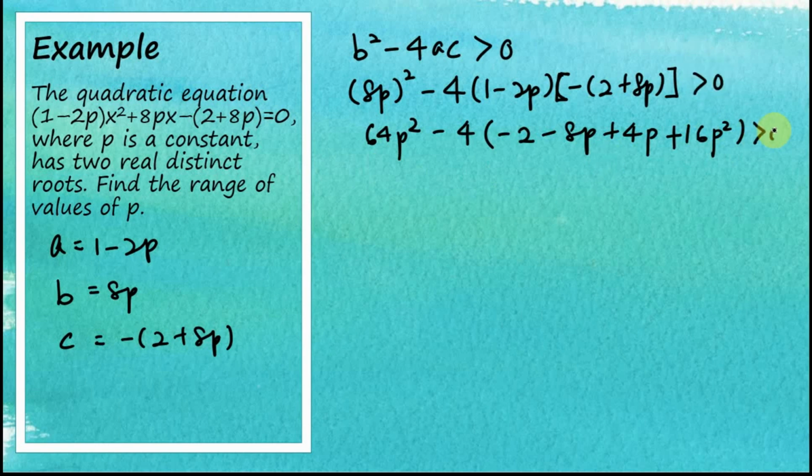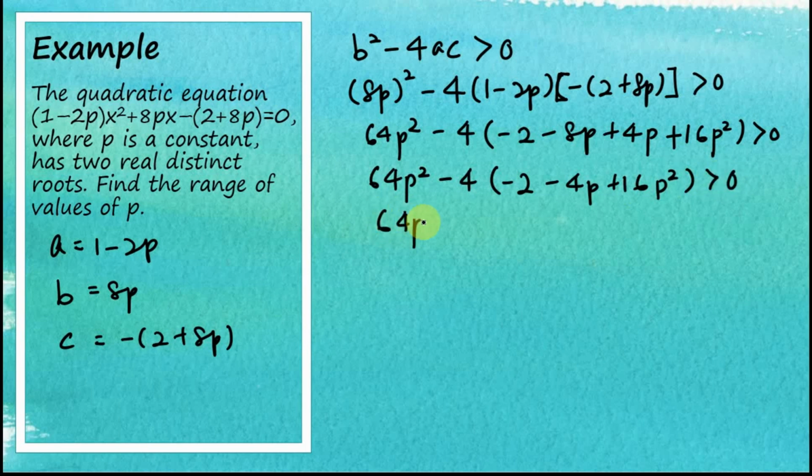Okay, and this is greater than 0. 64p squared, and then let's rearrange this part. So it becomes -2, -8p plus 4p becomes -4p, plus 16p squared, greater than 0.